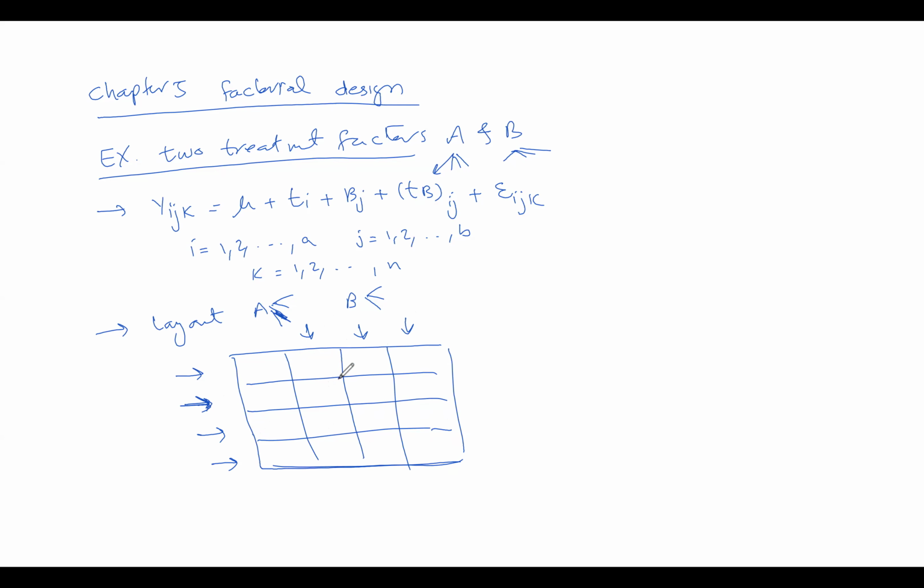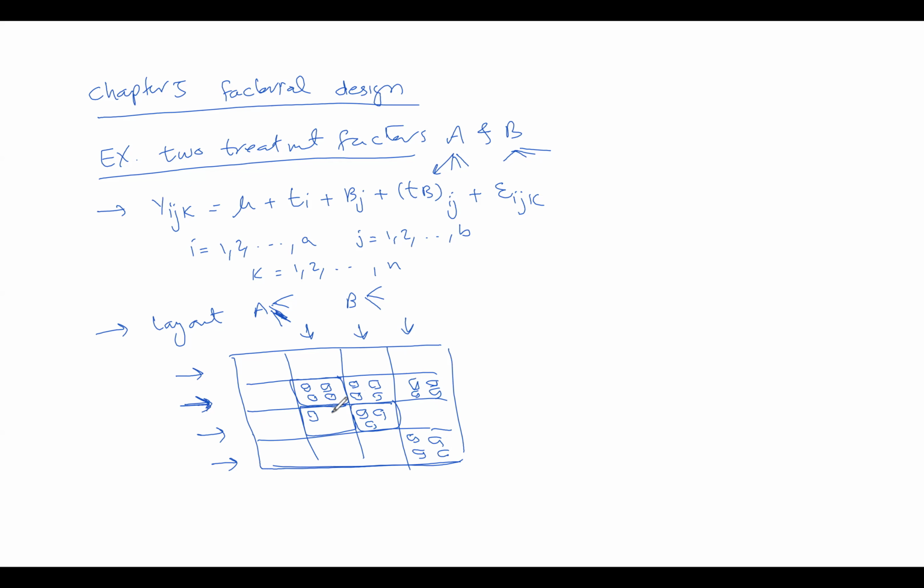So each combination is a treatment. This one is a treatment. And each treatment tested many times, let's say 4 times. So let's have 4 squares. This combination or this treatment tested 4 times. This one tested 4 times. This one tested 4 times. This one tested 4 times, and so on.